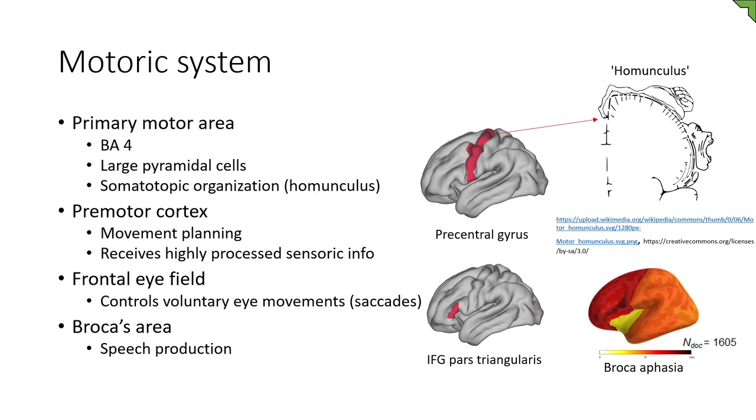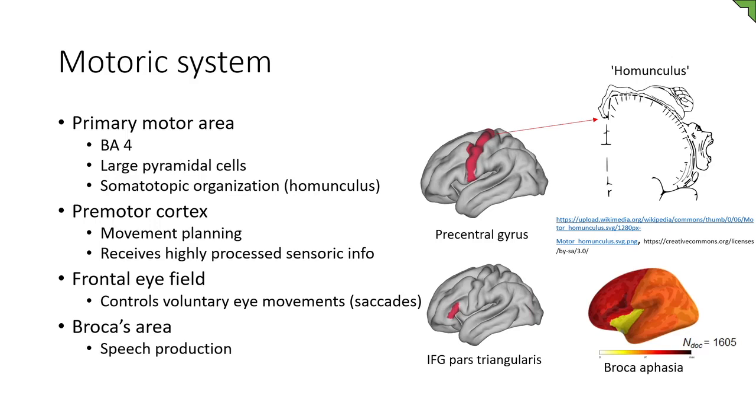This contains also the frontal eye field, which is a very specific part of the motor cortex, because it controls the voluntary movements of the eyes. I will not go into detail about different kinds of eye movements, but interestingly, you can try it out. It's not possible to move the eyes slowly without an object that you are following.